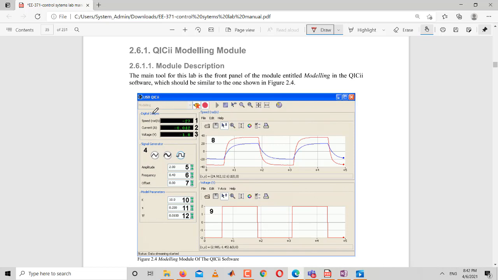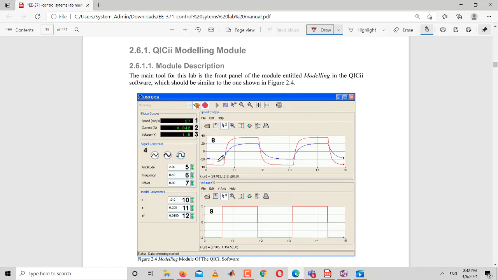These are the scopes that show the output, current and voltage, and this is the signal generator that we use to give a certain input. I am giving a square wave of amplitude 4.4 as an input to my motor. And these are the values of the parameters that I can change.